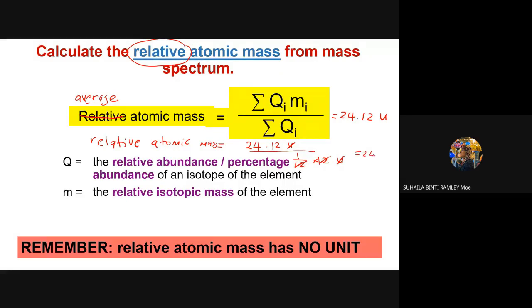So we have 24.12. This is the final answer for relative atomic mass. So remember, for relative atomic mass, we need to write the first step, average atomic mass, and the second step is cancellation of the unit by comparing with 1 over 12 the mass of carbon 12.